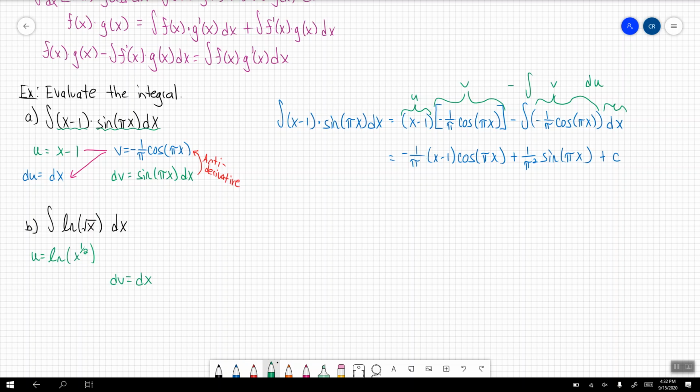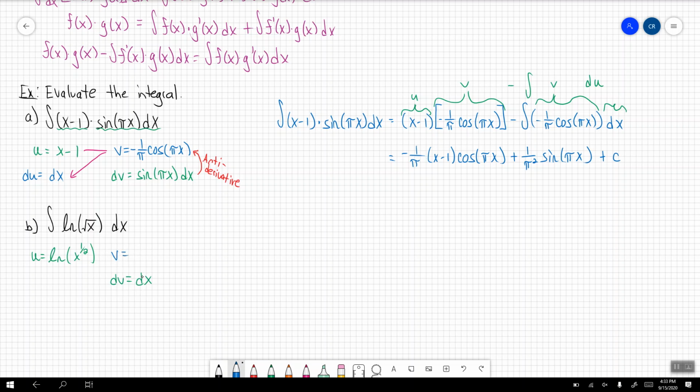We know how to take the derivative of natural log of x to the power of 1/2. You're also going to have to find the antiderivative for that differential dv, in this case dx. In other words, the antiderivative for a constant with respect to x. Okay, that one's actually really straightforward, so that one's not too bad. That one we can actually find right now.